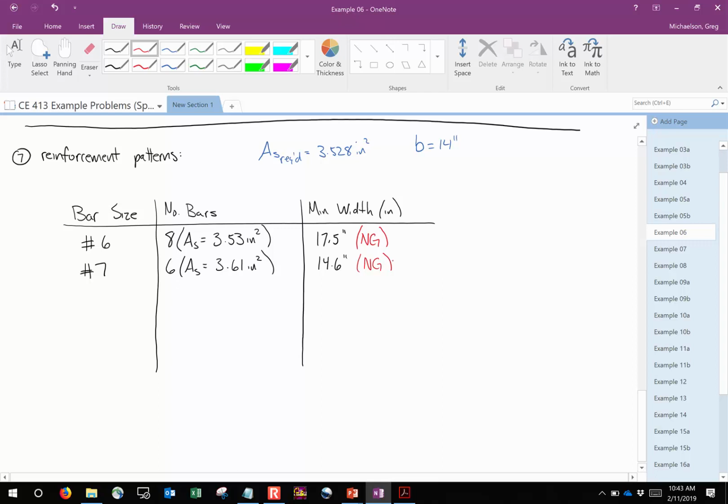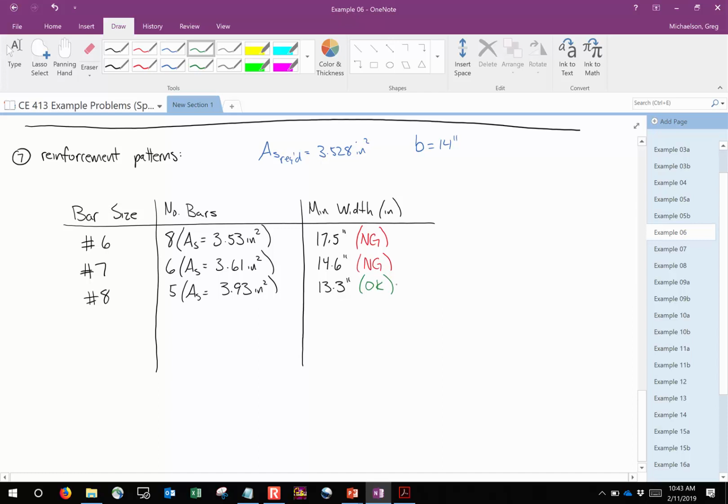So what we've got here is number 8, 5 bars, the area of steel is 3.93, and the width is 13.3. Now, is that a valid option? That's a valid option. There you go. So this is our first choice that would work. This would be a valid alternative.